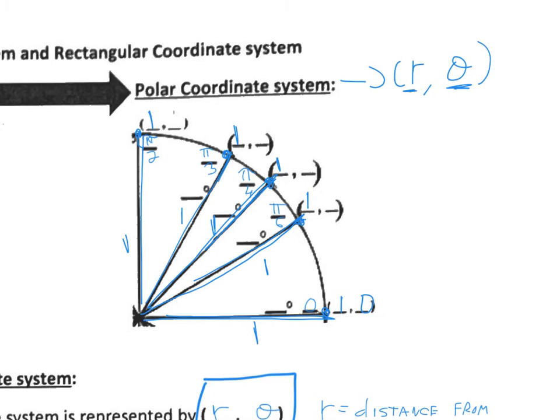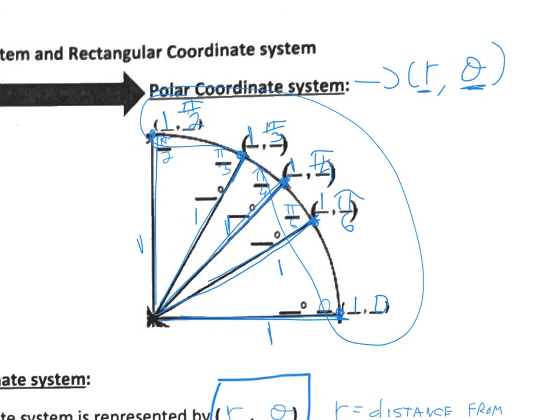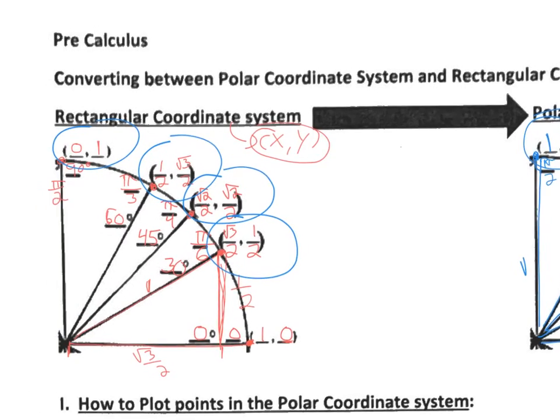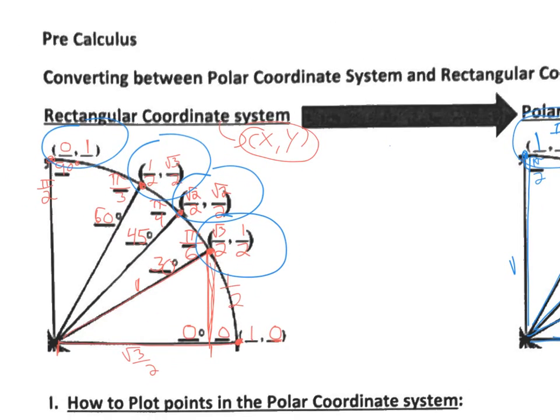Now I'll put this in radians: pi over 6, or you could say 30 degrees, pi over 4, or 45 degrees, pi over 3, which is the same as 60 degrees, and this is pi over 2. So these 4 points are exactly the same location as all of these points right here, but we just represent them in a different way.